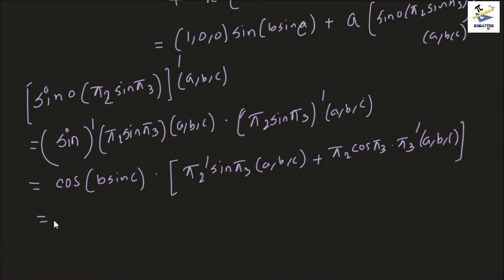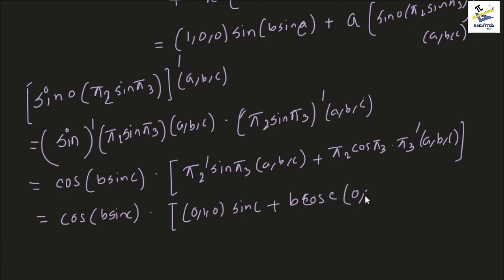Okay, so this gives us cosine of b sine c multiplied by, now pi 2 prime is just 0 comma 1 comma 0 into sine c, plus b cos c into 0 comma 0 comma 1.